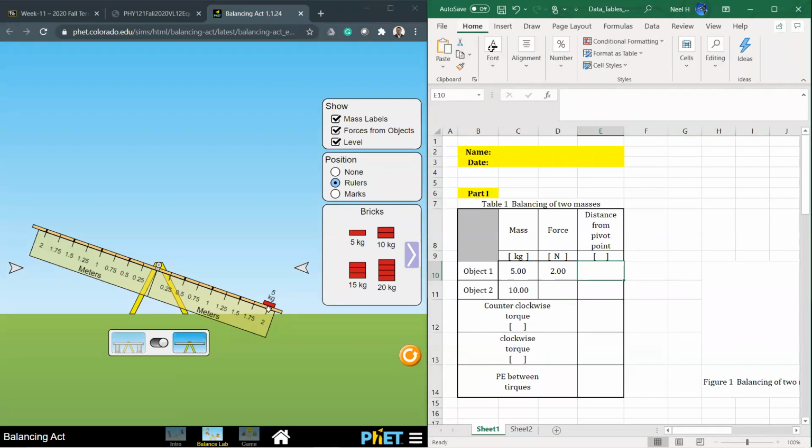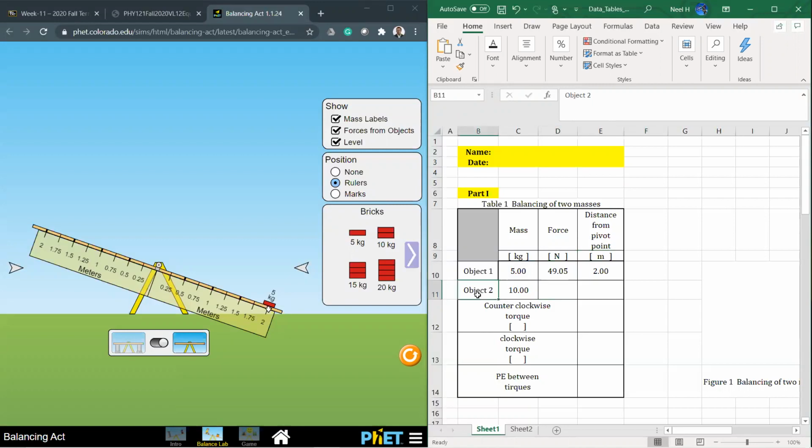Then let's continue. This is a very simple calculation, right? So we have mass, which is 5 kilogram, and the force is going to be equal to mass times 9.81. And then the distance, which is now 2 meters, right? Okay.